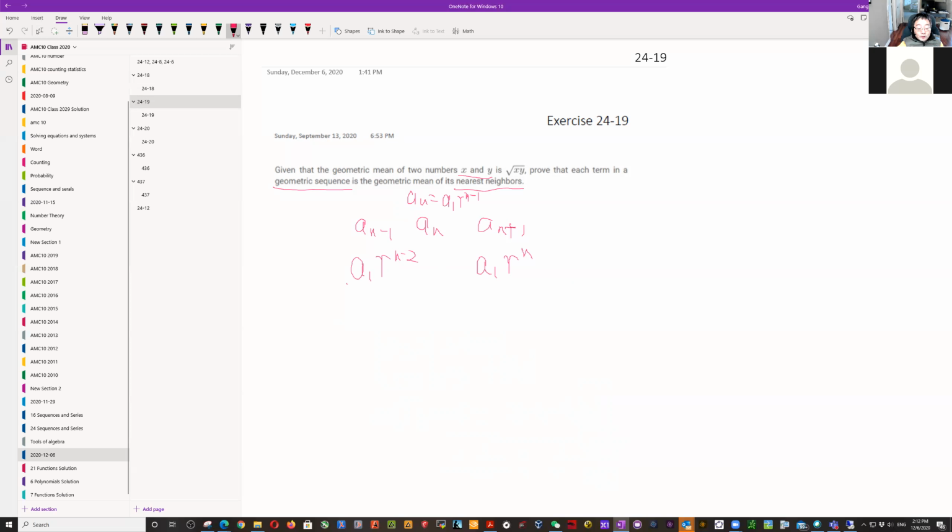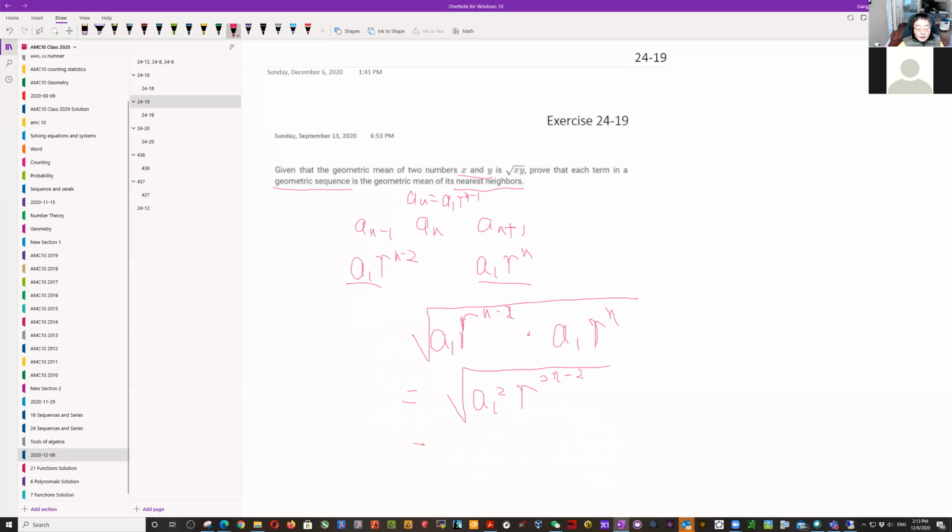So the geometric mean of the nearest neighbors: those two numbers are a1 r to the n minus 2 multiplied by a1 r to the n, and you have to take a square root. So that's going to be a1 squared, because I have two of those, then r to the index, sorry, this is not minus 1, this is minus 2, because I had to do this, so minus 2 squared.